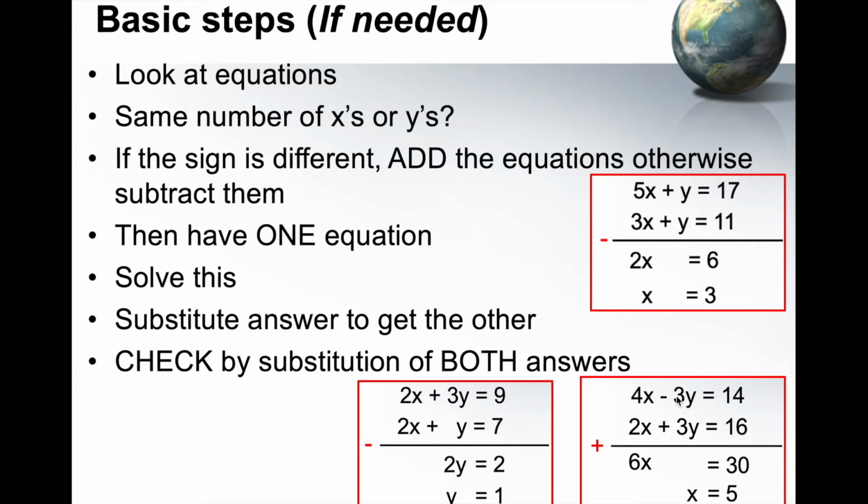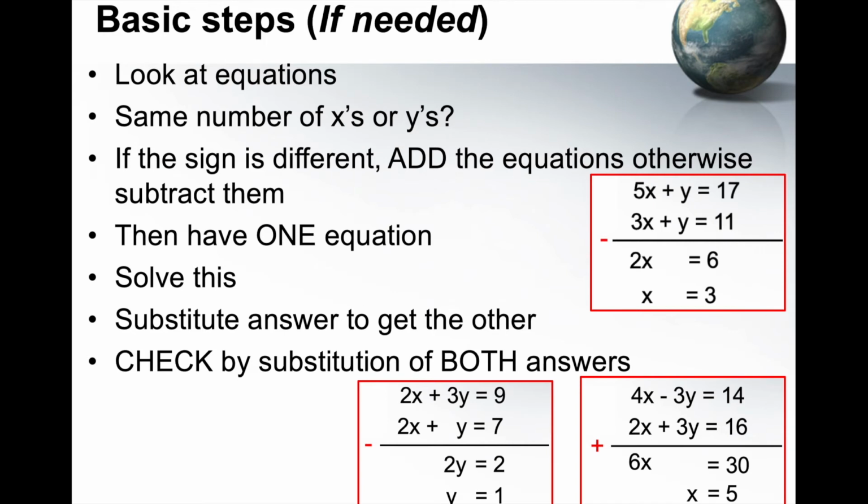Since they have different signs, therefore you add, and vice versa. If they have the same sign, then you subtract. And then you end up with one equation like this one here. There's one equation that you end up with after the subtraction. And then you solve or find the unknown. I hope you can follow.